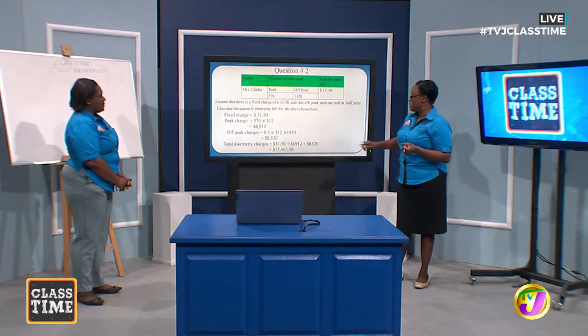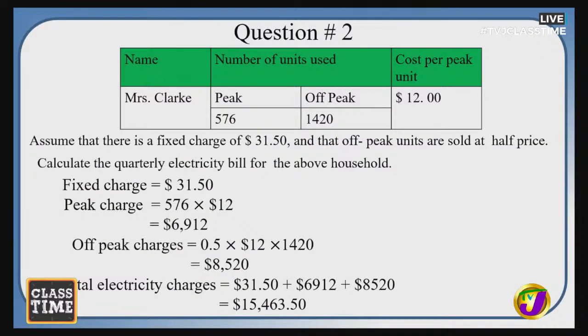The total electricity bill is the fixed charges of $31.50 added to the peak charge of $6,912 added to the off-peak charges of $8,520. Therefore, the electricity bill for Mrs. Clark for this time specified would be $15,463.50.